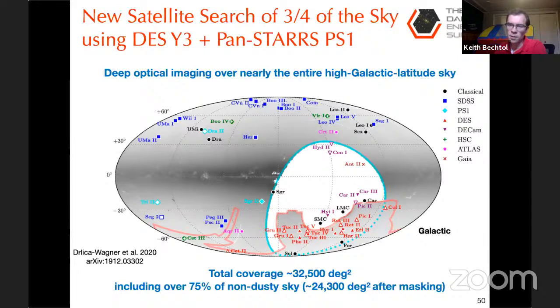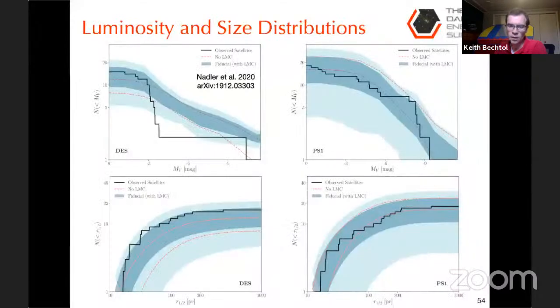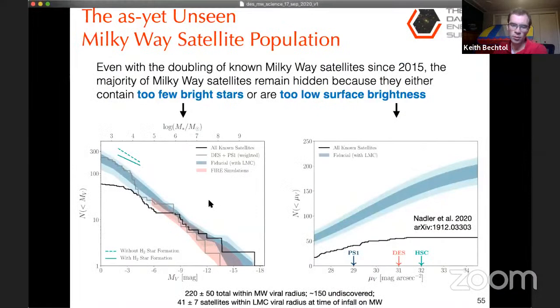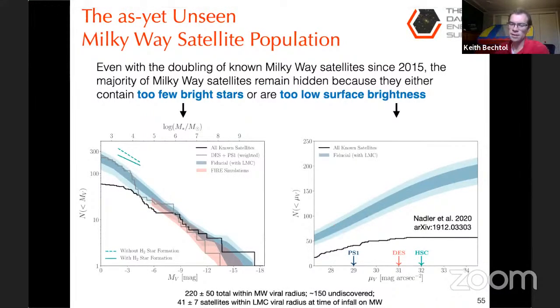I'll skip ahead in the interest of time, but just mention that with this combination of DES and Pan-STARRS, this deep photometry in multiple bands over nearly the whole sky, we infer that there are something like 200 Milky Way satellite galaxies in total within the virial radius of the Milky Way.